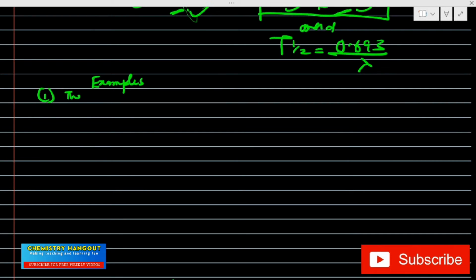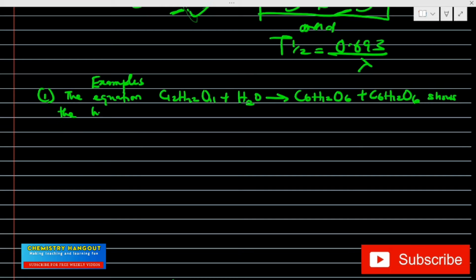They said the equation C12H22O11 plus H2O gives C6H12O6 plus C6H12O6 shows the hydrolysis of sucrose using excess water.